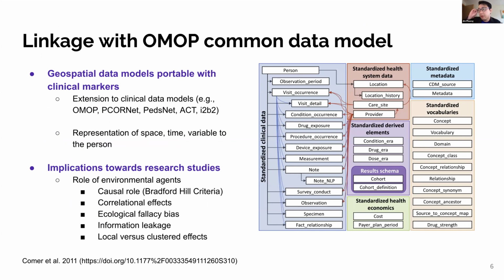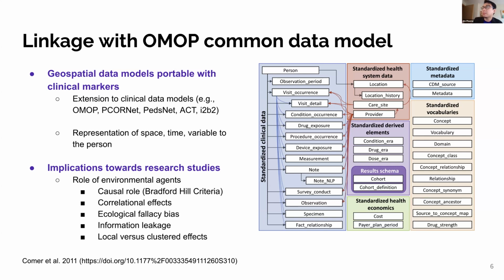I also want to put this forth. This is another linkage with the Odyssey GIS working group, in that the research consortia we were working with, the All of Us research program, have previously prepared their data using an OMOP common data model instance. So they have their data represented in a series of tables as seen with the standardized clinical data schema.